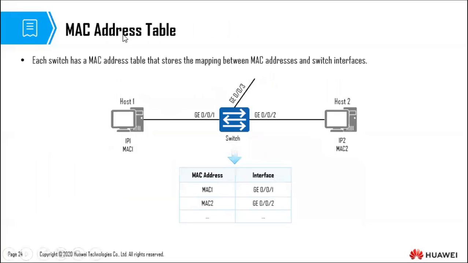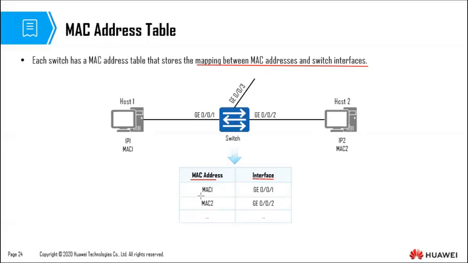So the MAC address table, as we have said, is used to map the MAC address of a particular device to the switch interface that it has been connected to. The table looks exactly like this, with these columns at minimum: the MAC address and the interface.